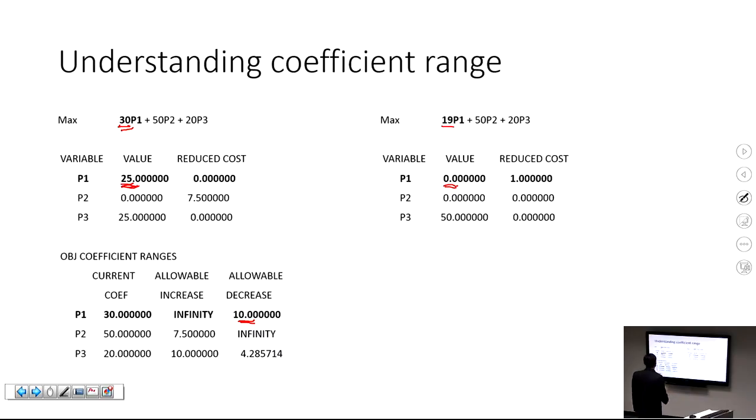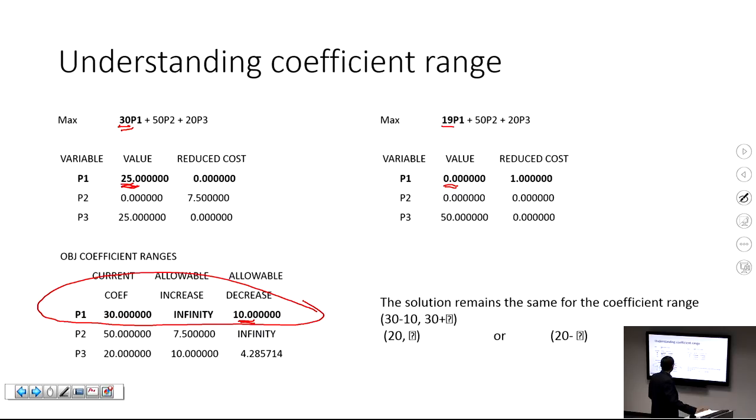And then using this information, similar to what we did in the earlier problem, I am finding the range. So here is the range. The solution stays the same within that range.